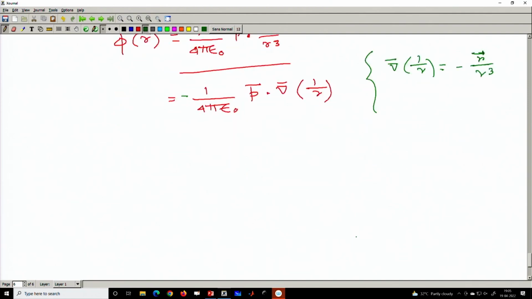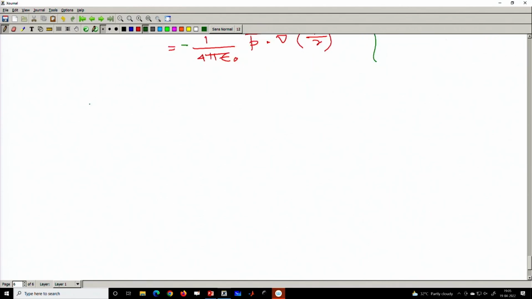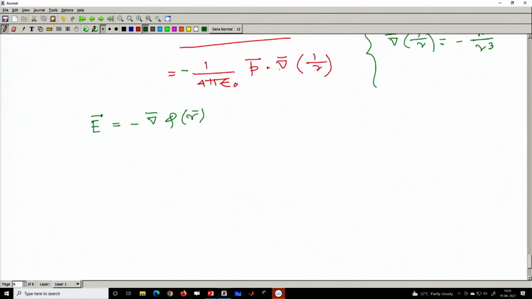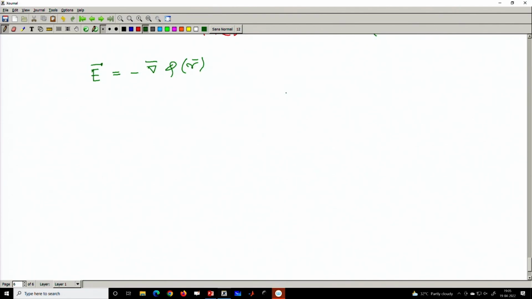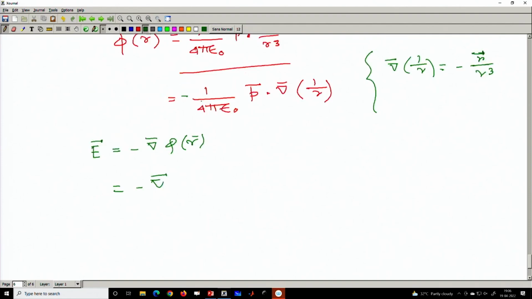Now the E I figure out from that. So my E, the electric field due to the dipole, is minus of the gradient of phi of r.